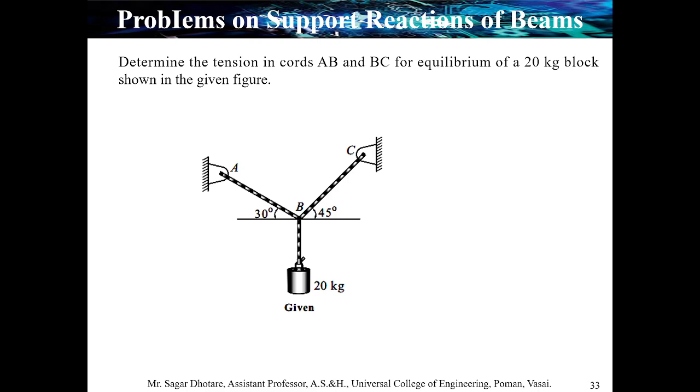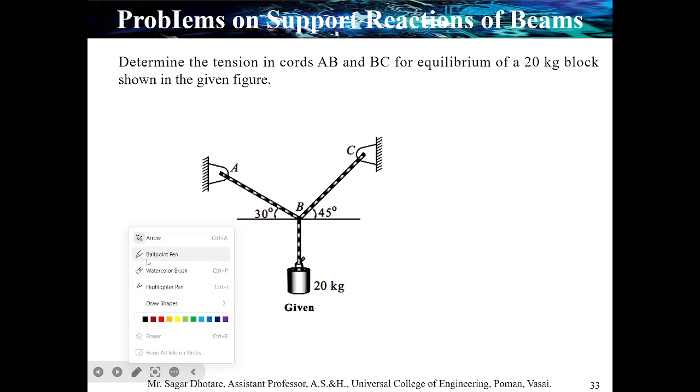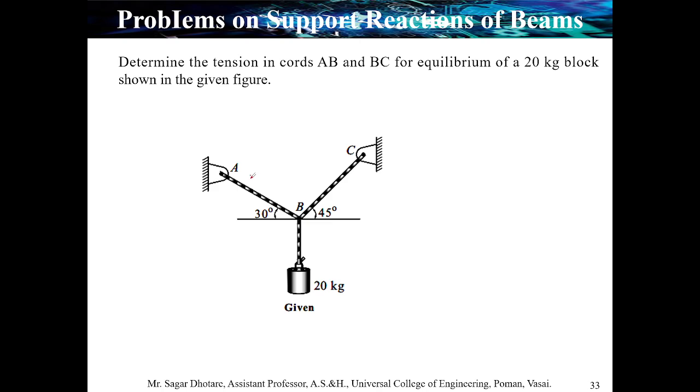In this figure there are a total of three forces acting. First, that is 20 kg. Second, the tension at point A, so we can say TA also. And third is the tension at point C.